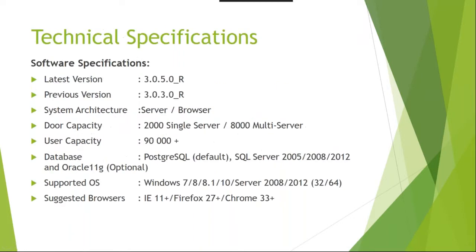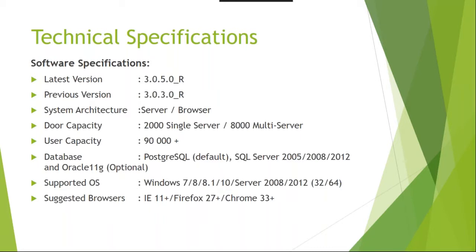These are the basic technical specifications of ZKBiosecurity. It can take up to 2,000 doors on a single server, and up to 8,000 doors on multiple servers. The user capacity can take more than 90,000.